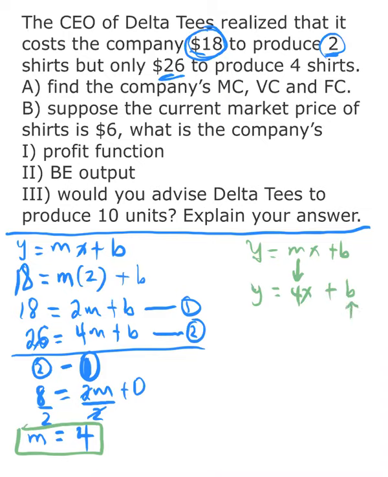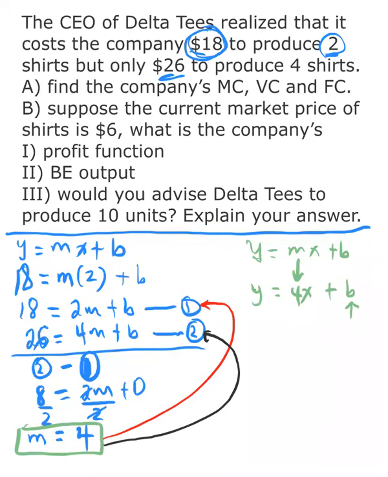So next, you need to substitute this 4 into either the first equation or the second equation. Whichever equation you prefer to work with, go ahead. The answer will be the same. I'll go with the first equation.